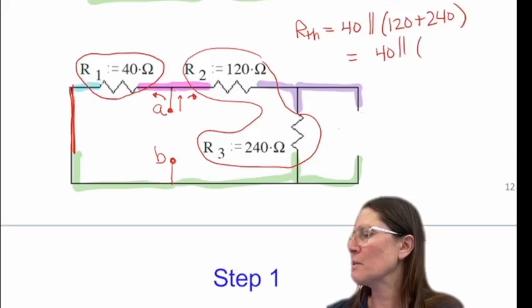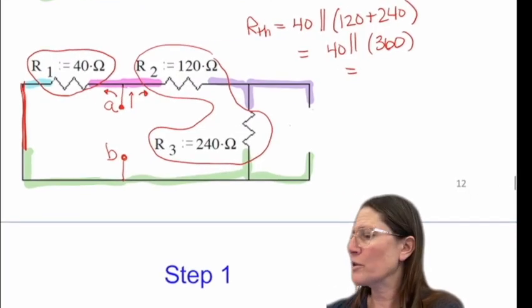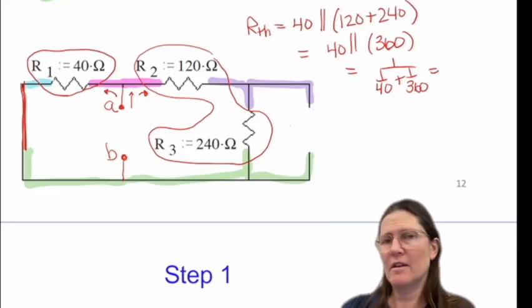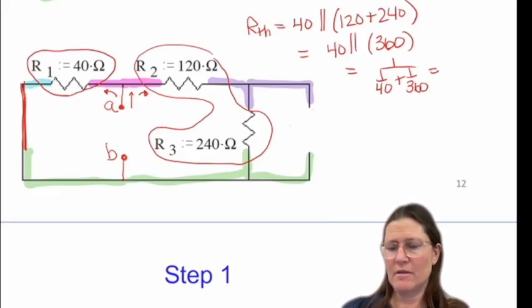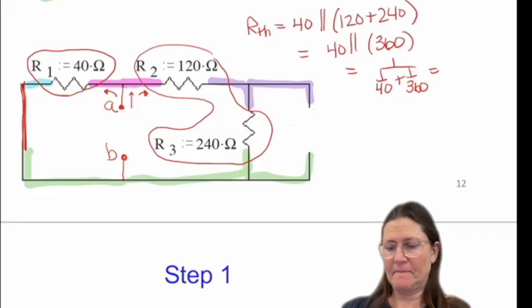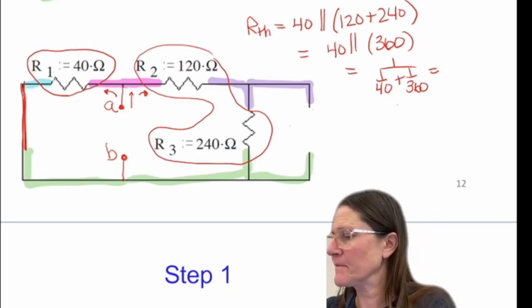So 40 in parallel with 360. So 1 over 40 plus 1 over 360. And what's that end up being? 36, there we go, 36 ohms.